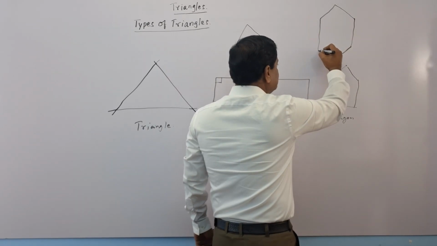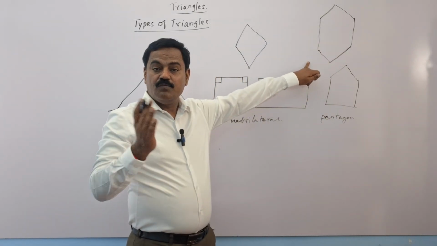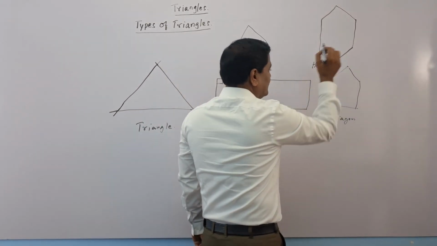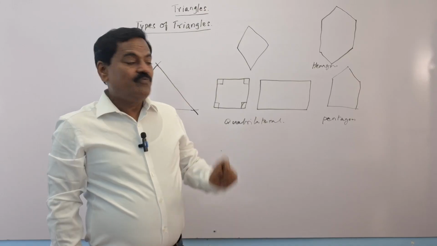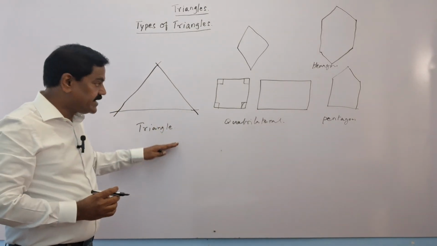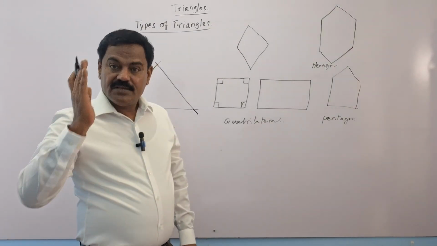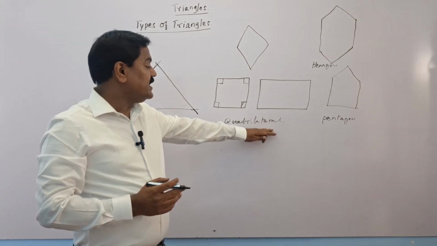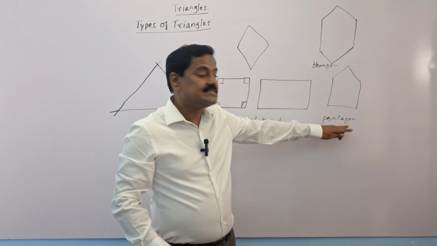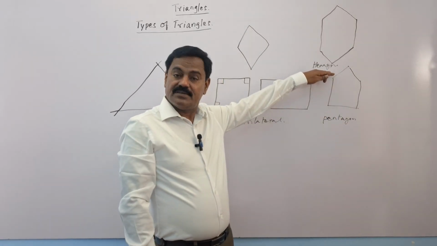Six lines are intersecting and forming a shape which is called a hexagon. So when three lines are intersecting and forming a shape, it is called a triangle. When four lines are intersecting, it is called a quadrilateral. When five lines are intersecting, it's called a pentagon, and six lines are intersecting and forming a shape which is called a hexagon.